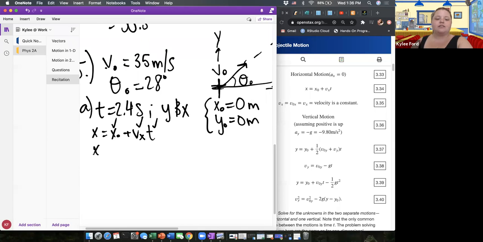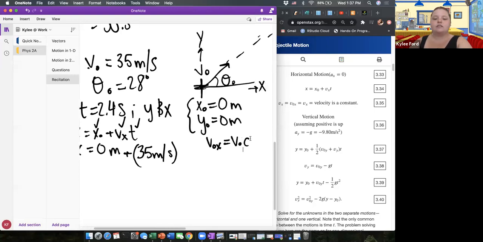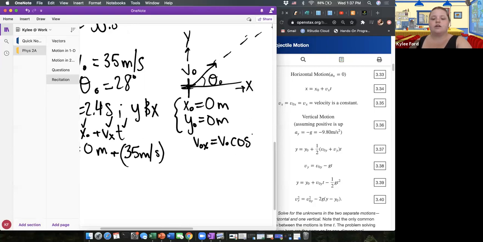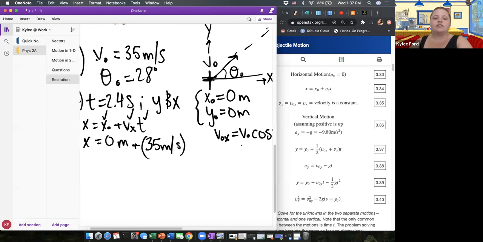So I'm going to start plugging things in. My x equals 0 meters, plus my V naught x, so V naught, 35 meters per second. And remember, to get your x direction, it's going to be the cosine of the initial angle. I know this is kind of crammed.